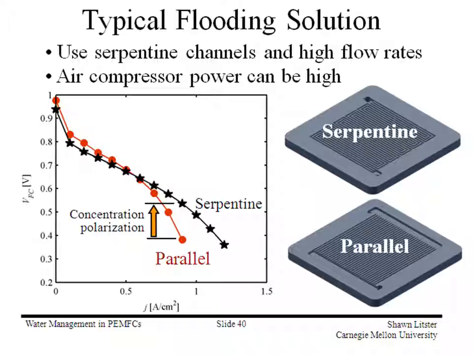What you'd want is the most voltage after including the power you have to spend to remove the water, because the serpentine channel flow is going to have a higher pressure drop than the parallel channels case.